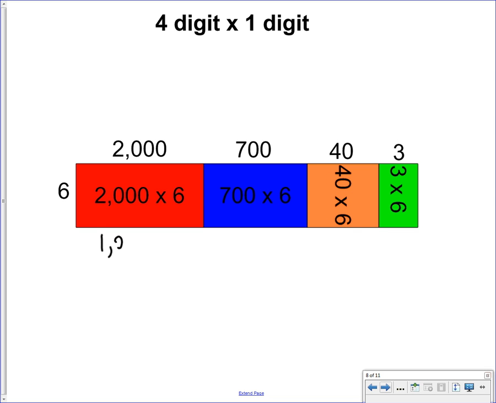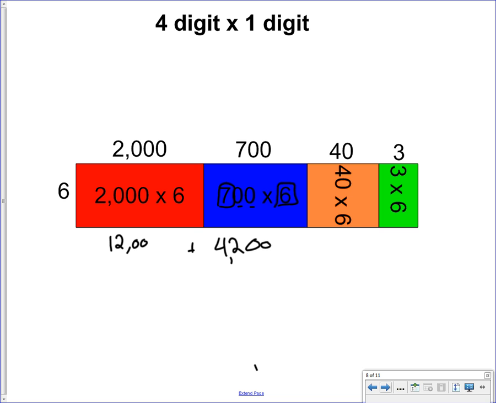1,200. No. I didn't count all my zeros. There are 3 zeros. So I have 12,000. Let's see, I've got 7 and 6. Gives me 42 with 2 zeros.